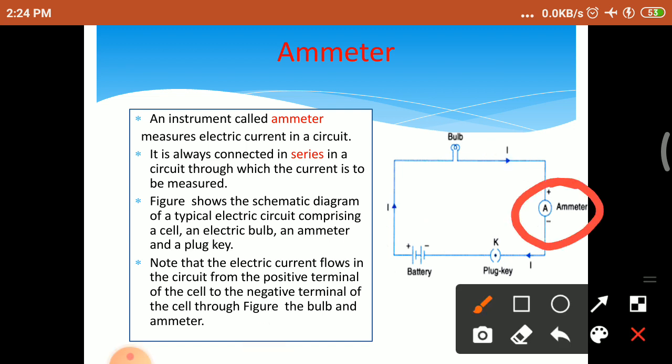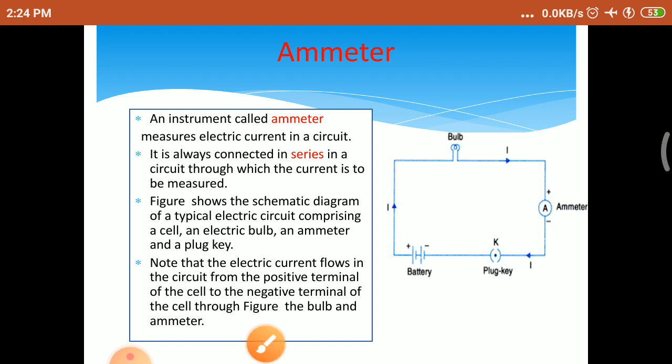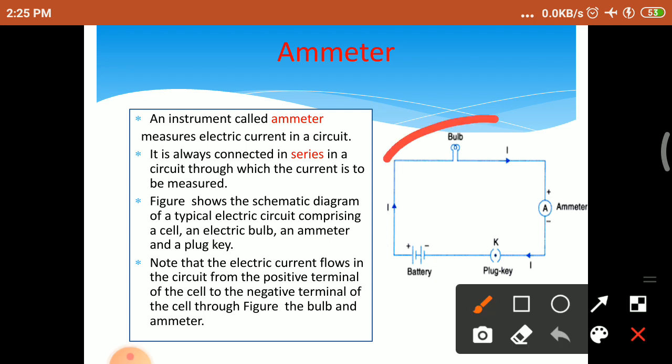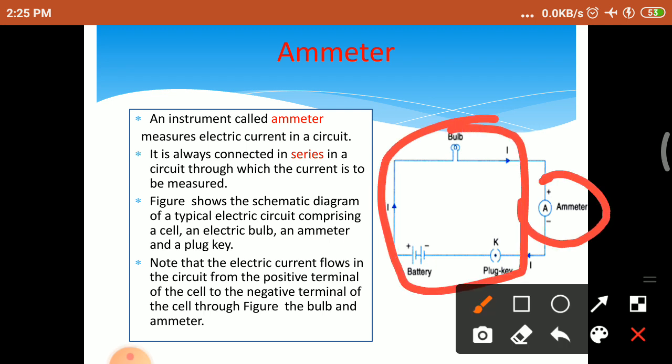I connected the ammeter in series with the battery. It is always connected in series in a circuit through which a current is to be measured. If I want to measure the current in this circuit, I have to connect the ammeter in series.